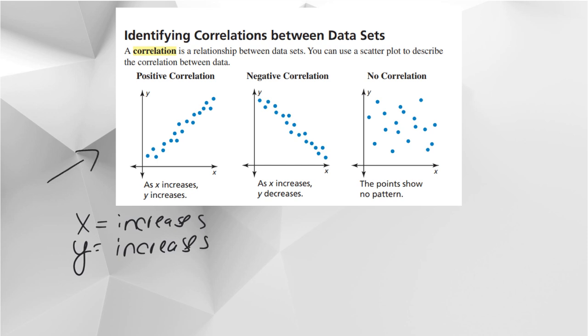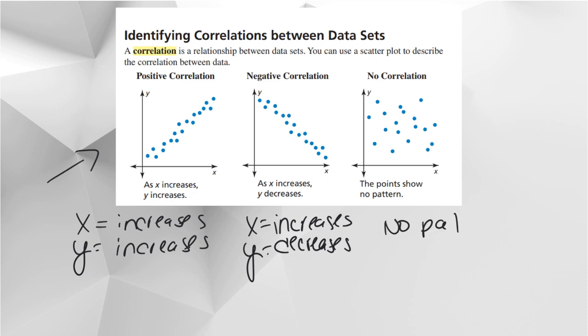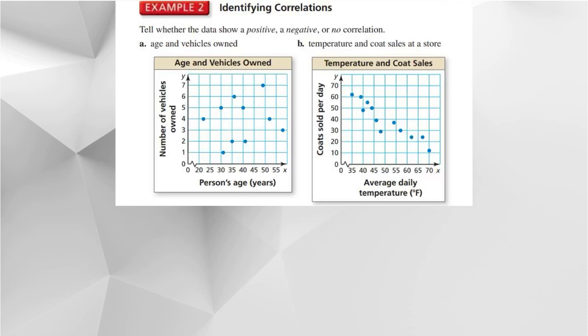When it's negative, x will increase, but y will decrease. And finally, no correlation: all your points show no pattern. They're all over the place, okay? So it's going to be no pattern. Very important to look at the patterns.